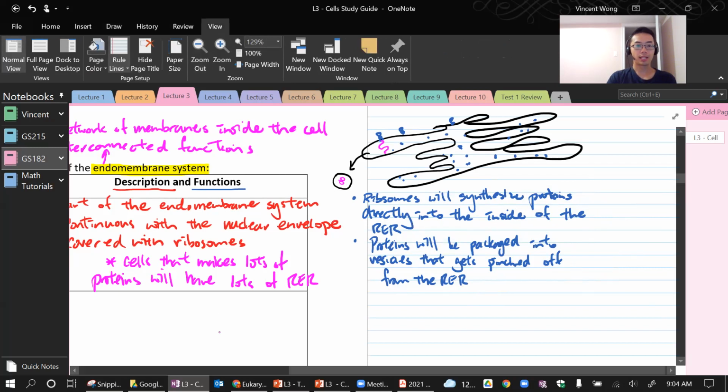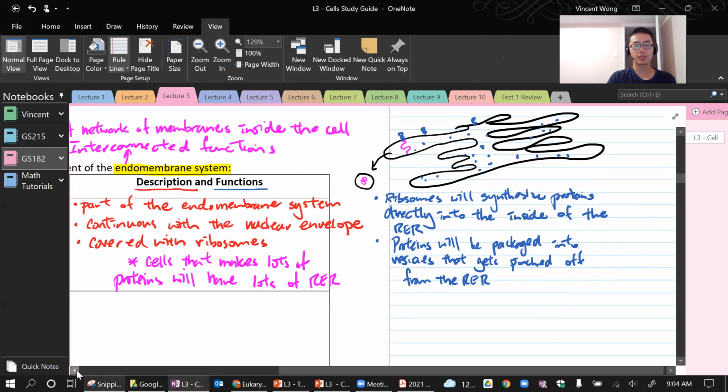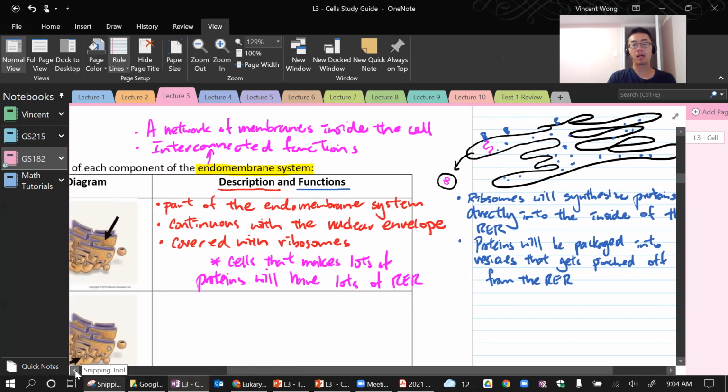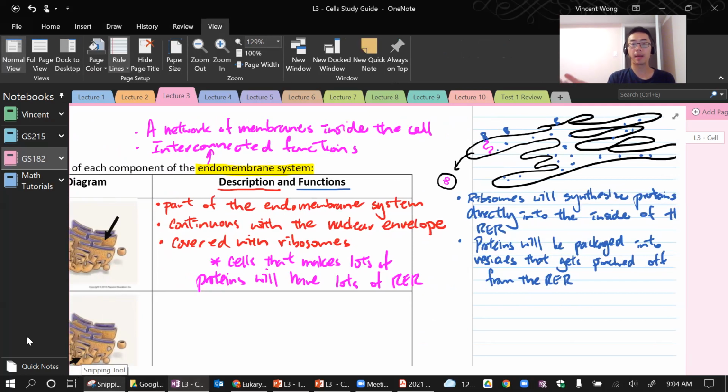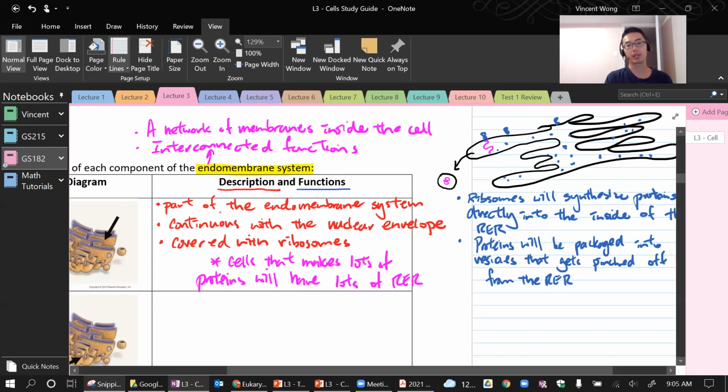An example of a cell that makes a lot of proteins would be a cell in the pancreas. Last time I think I gave you a poll question, right? The pancreas makes insulin, and insulin is a protein, so you would expect the cells there to have a lot of rough ER.